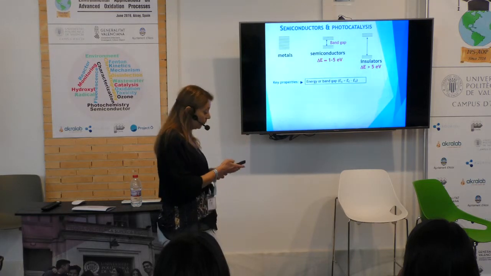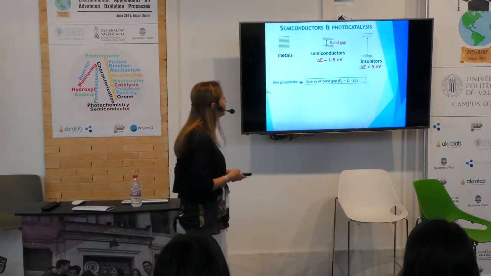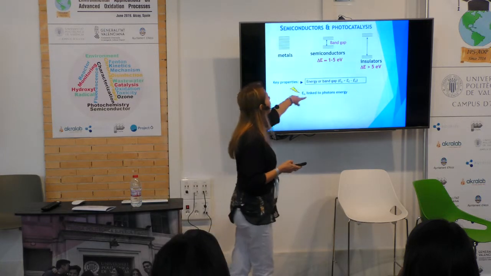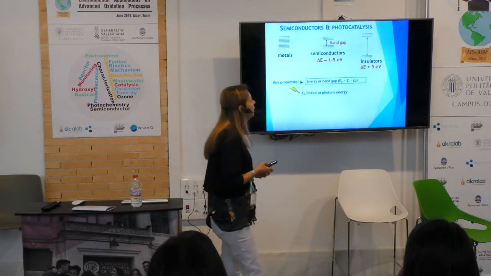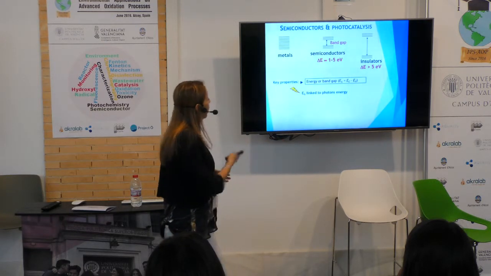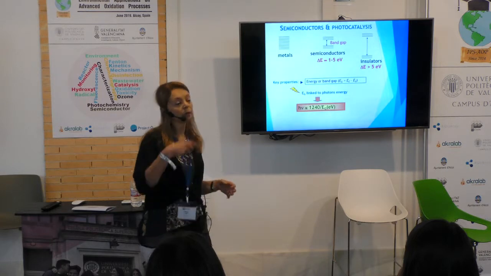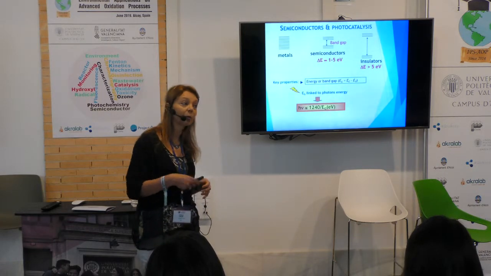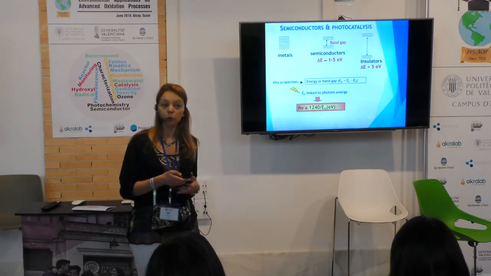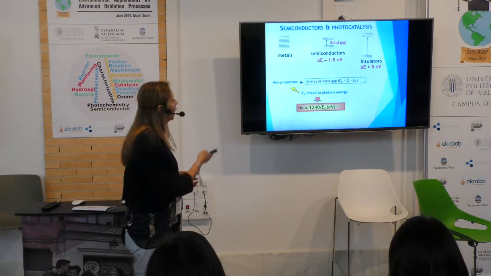This is the first point that we have to take into account, and since we are using it as a photocatalyst, we need to know exactly which is the photon energy with which we have to work. And so we need to calculate which is the minimum lambda that is needed to achieve this formation of active species.